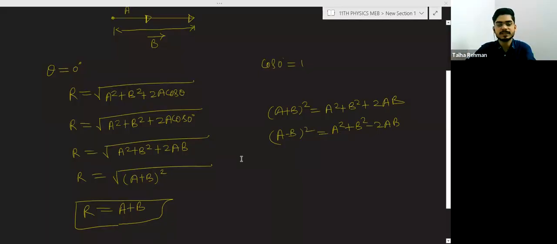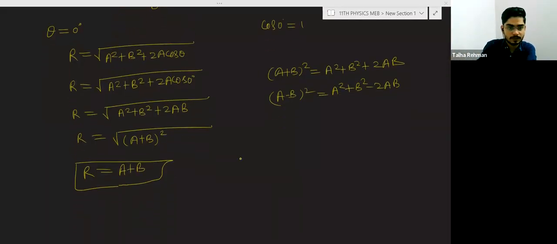But if two persons are applying force in the same direction, your resultant will be maximum. So this is the case when your resultant will be maximum.